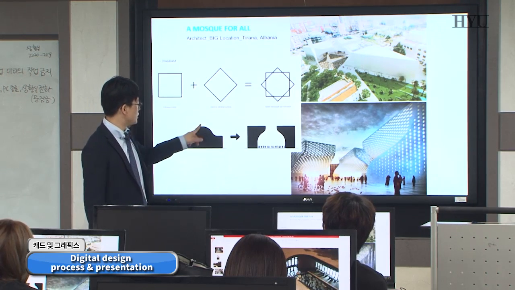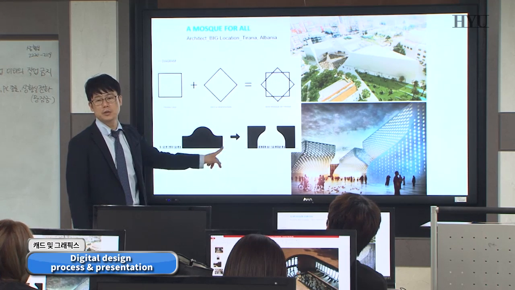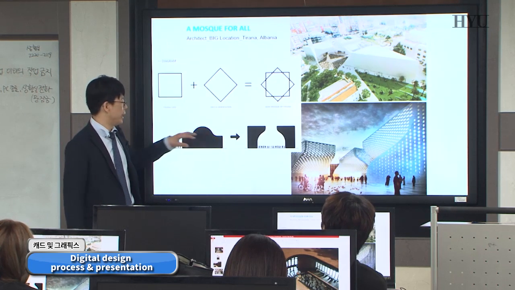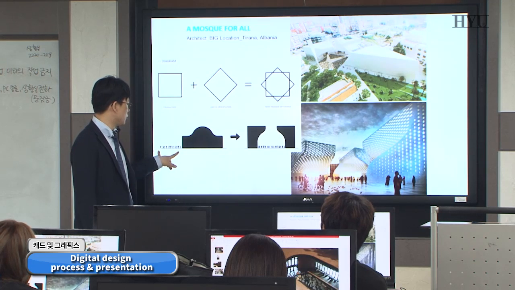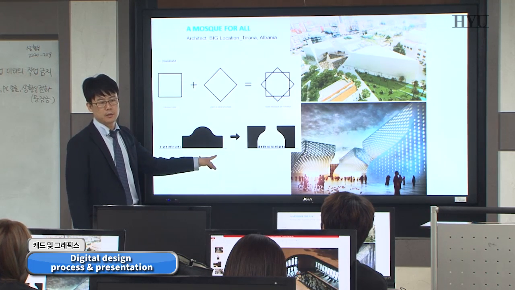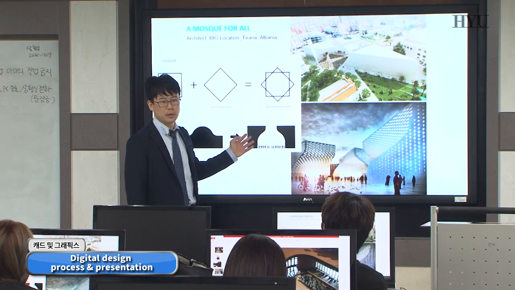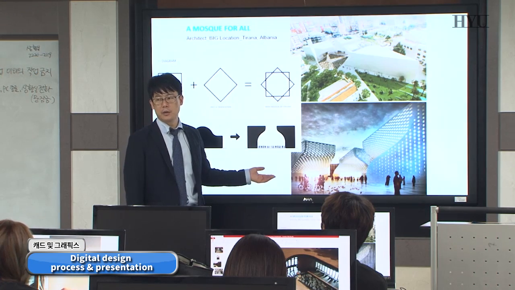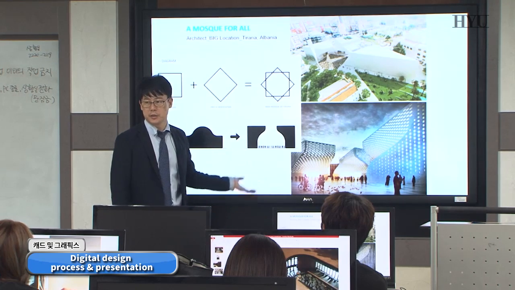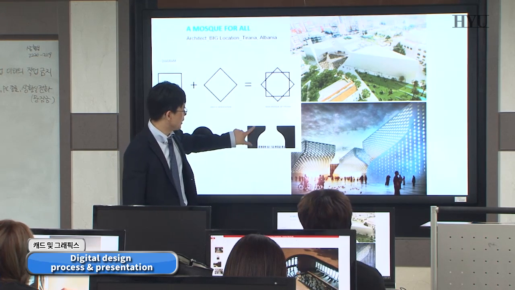Take a look. This is conventional mosque design. The building and exterior building, they should be getting to the building inside, okay? But take a look. What if the building is going to be flipped, okay? Inverted. And then take a look.